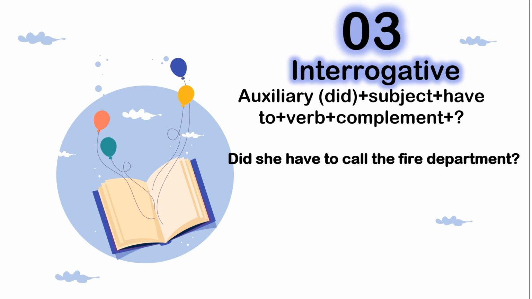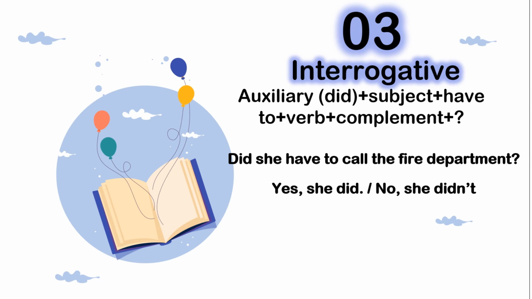How would you answer these questions? So let's see. If it is affirmative, yes, she did. In this case, you have to use the word yes, the subject, and then the auxiliary in past, did. If it is negative, you have to use no, the subject, and didn't, the auxiliary with the word not.